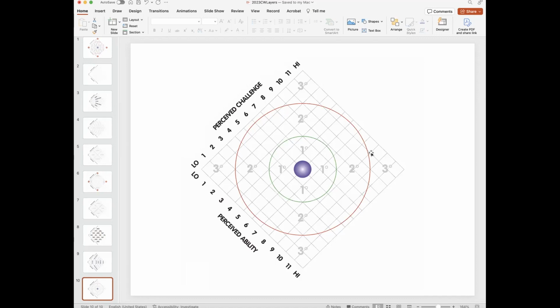We need to find a way to reduce the challenge. Because if we could reduce the challenge by just 1 point, look where we'd be. Or if I could simultaneously reduce the challenge and increase ability, then look where I'm at. I'm in the best place possible. What I don't want to do is take you here and then make you feel like you've got even more ability.